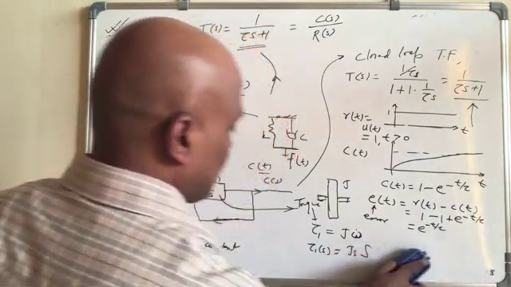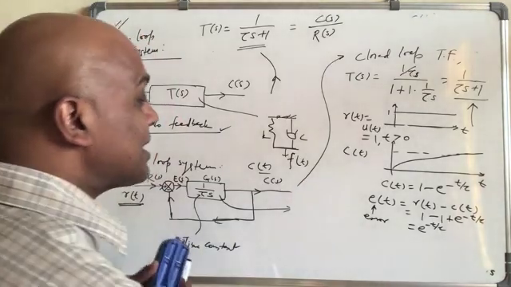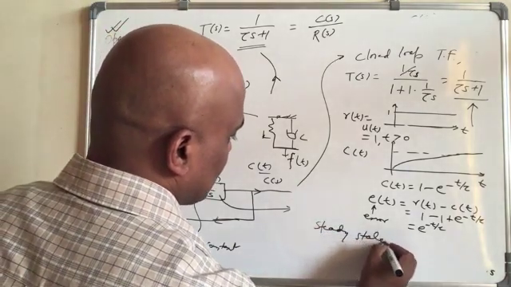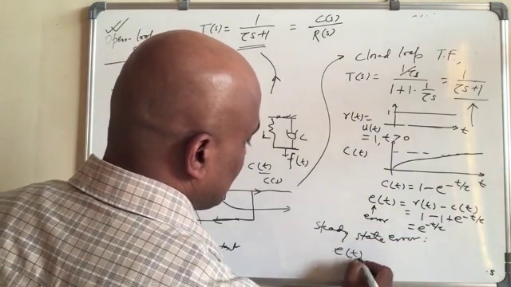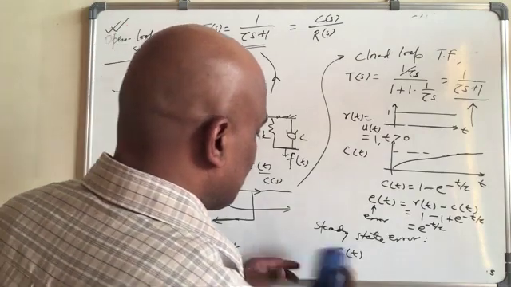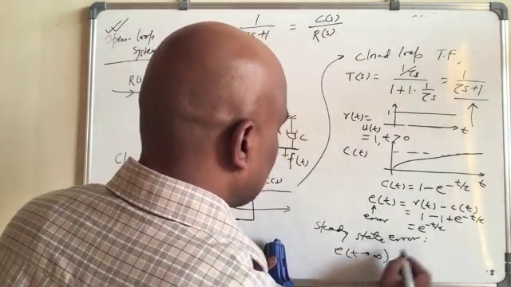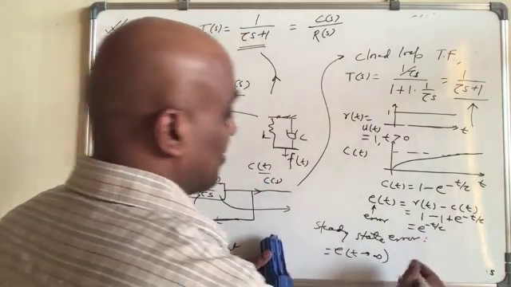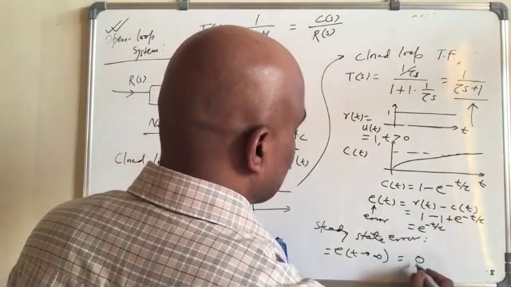Now, this is error. If we want to find out the steady state error, then Et as t tends to infinity. Steady state error equal to E at time equal to infinity, as t tends to infinity, this becomes 0, hence 0.